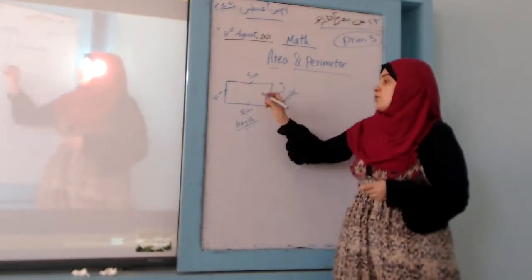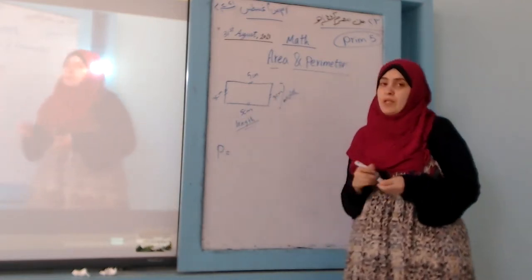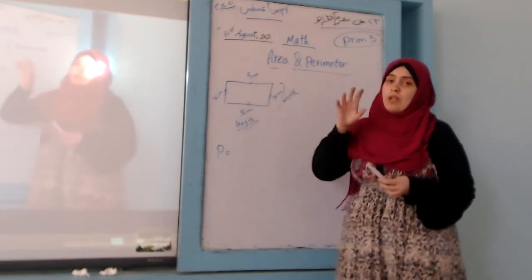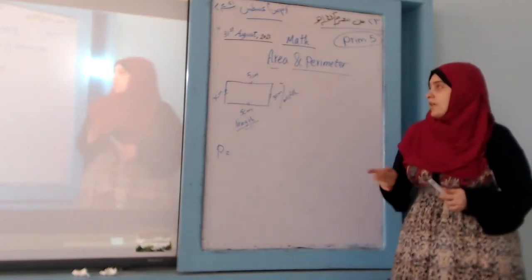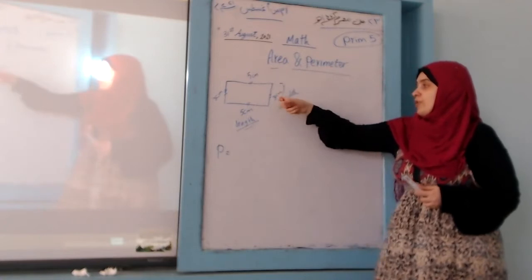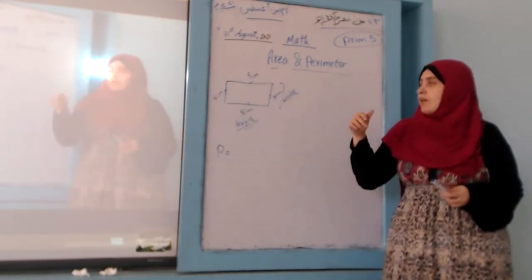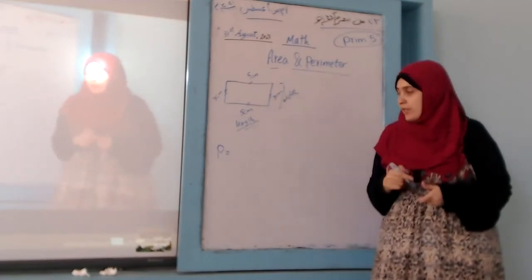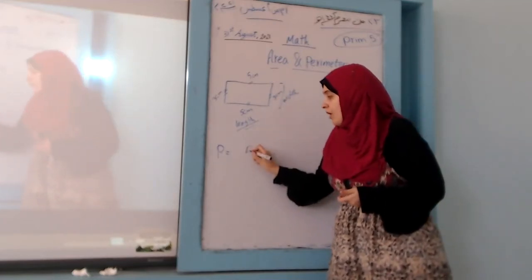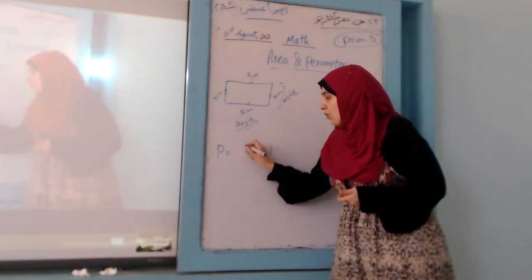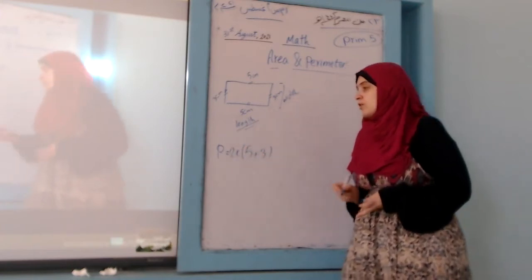To get the perimeter, perimeter means the outline or the sum of all sides. I have here 5 and 3 and 5 and 3. Each 5 is repeated twice and 3 repeated twice. So I can write it as 5 plus 3, all multiplied by 2.